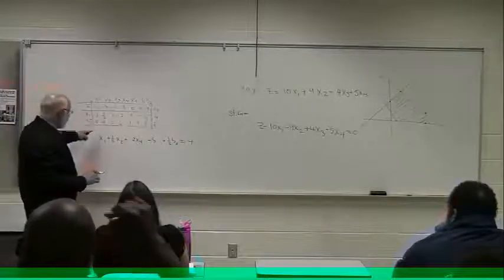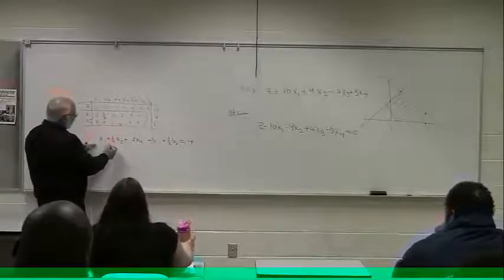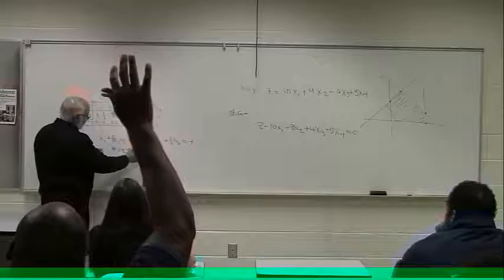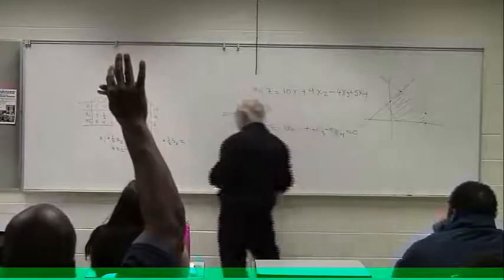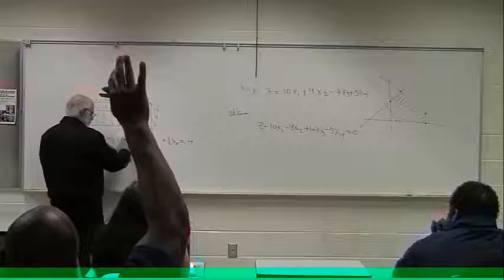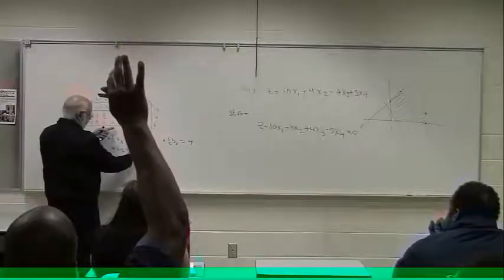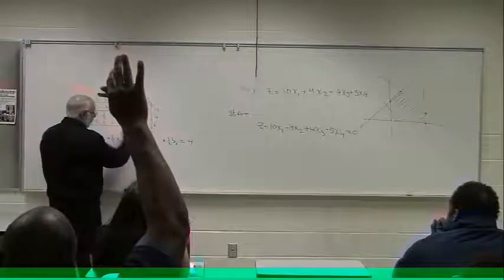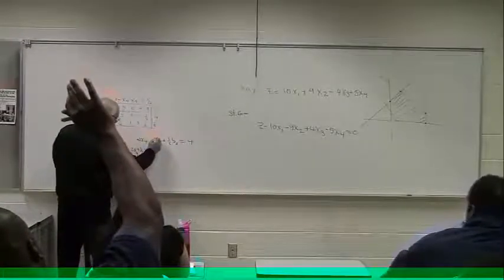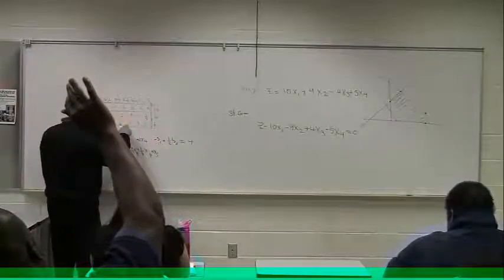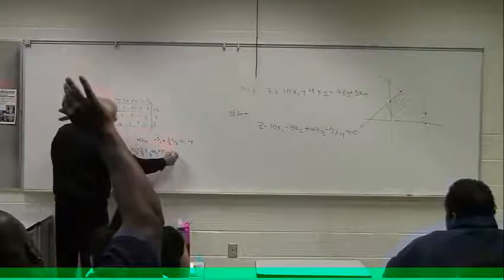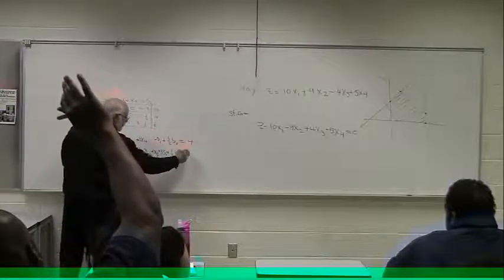And the second one would look like 4x2 plus 2x3 plus 1/4 x4 plus x5 plus 3s1 plus 1/2 s2 equals 6.